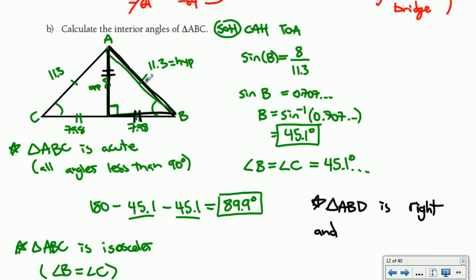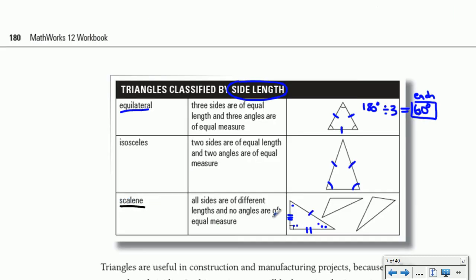If you want to round this to an 8, you could say it's isosceles. But there's no direction from the question saying round to the nearest tenth or whole number or whatever. So we have a little bit of freedom here. Because it's not perfectly 8, I'm going to say that it is scalene. Scalene means that all sides are of a different length.